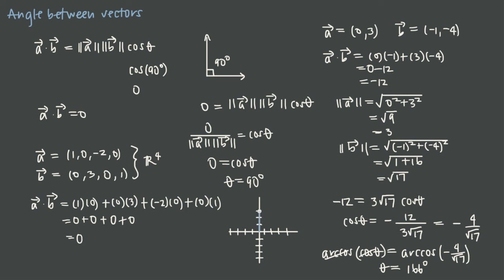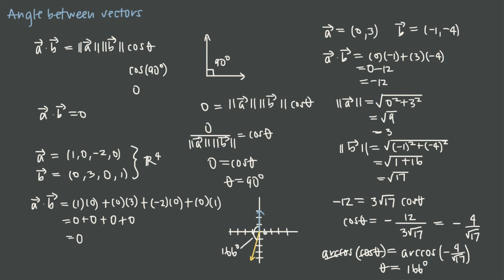And then <-1, -4>, if we go out to -1 and down to -4, that looks approximately like that. So we have our two vectors there, and we can see that 166 degrees right there. So if both vectors were along the y-axis, if the yellow vector was right along the negative direction of the y-axis, that would of course be a 180-degree angle, and we're at a little bit less than that. So it makes sense that this angle could be about 166 degrees.